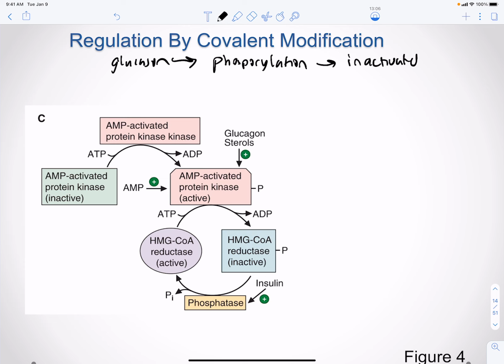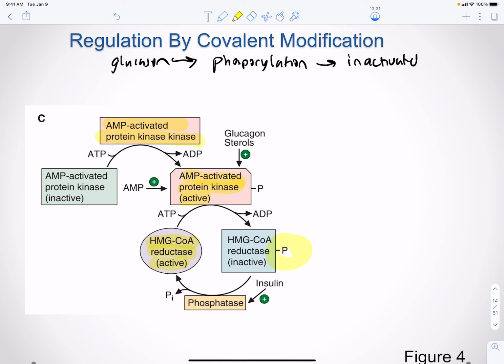So the enzyme that phosphorylates the reductase is called an AMP-activated protein kinase. So the AMP-activated protein kinase becomes active, and then the AMP-activated protein kinase will phosphorylate your HMG-CoA reductase and cause it to be inactive.